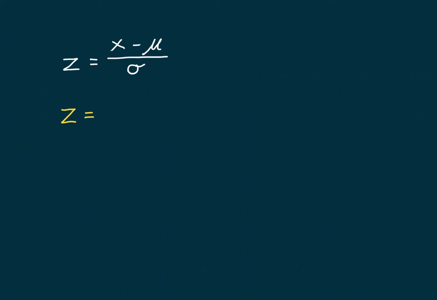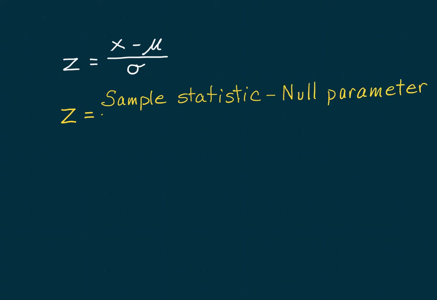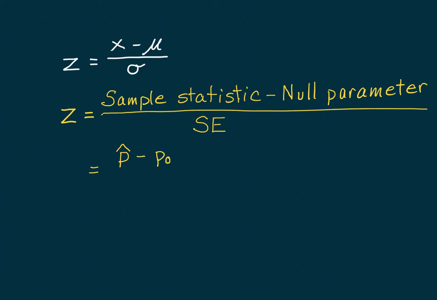And as we're doing hypothesis testing, we're going to look at this as our sample statistic minus what we expect to be normal, our null parameter, over our standard error. When we are performing hypothesis tests for a proportion, this will look like our sample statistic, our sample proportion, minus the proportion we expect if nothing has changed, divided by our standard error.